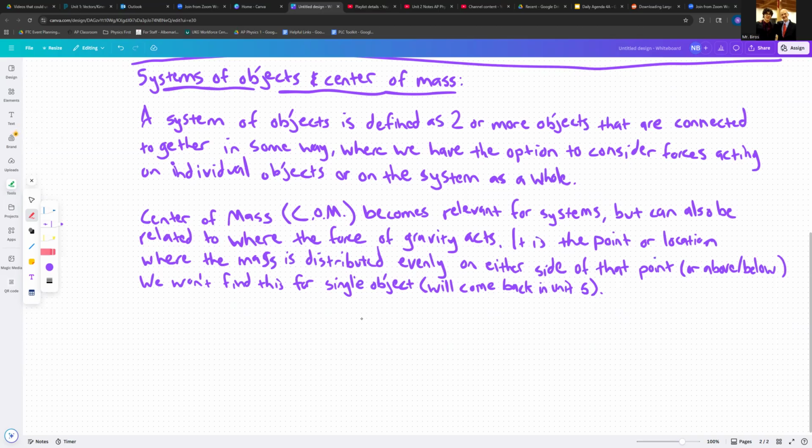But for systems, when we have multiple objects together and we're looking at a system, we have an equation to calculate the center of mass.